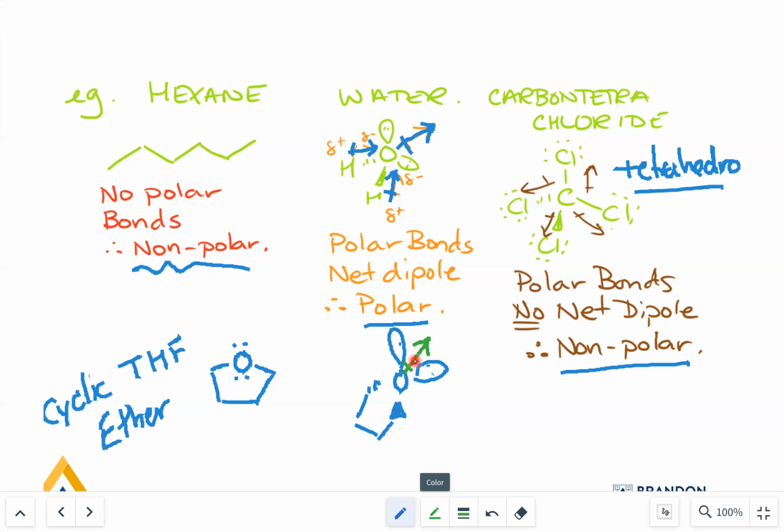Okay. Let's think of another one. What about this molecule? We use it basically to wash our dishes or take off our nail polish. Would this be a polar molecule?